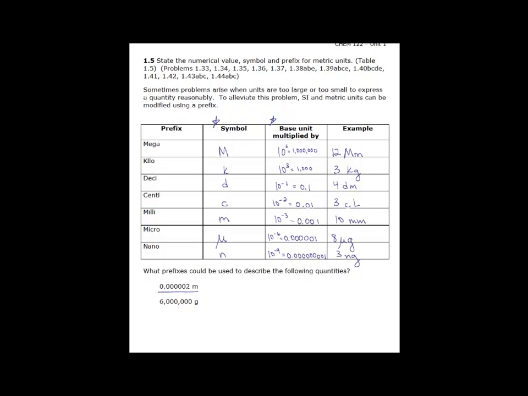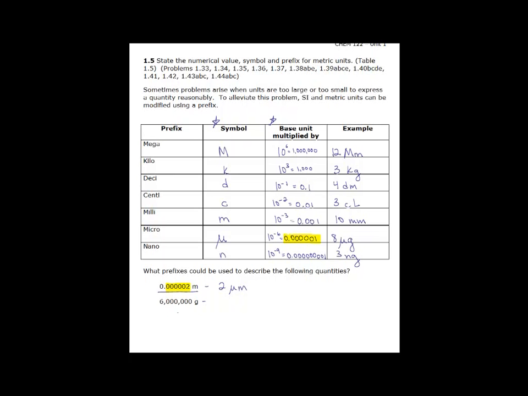So I'm trying to find something that has about 1, 2, 3, 4, 5 zeros. And look, we have exactly the same number of zeros. So it's going to be a direct conversion. And like I said, I'll go over these conversions in just a second. So 2 micrometers would be how you could represent this number without the zeros.